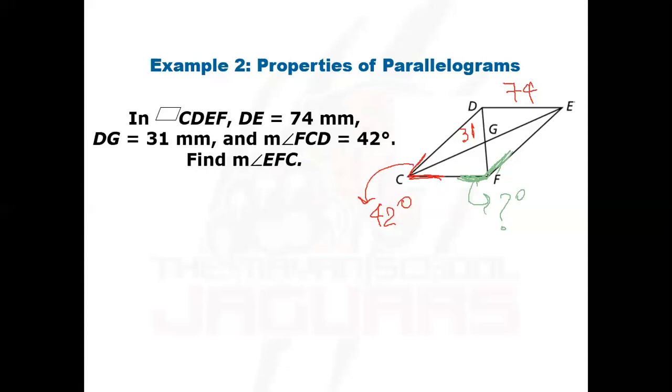And if they're consecutive angles, I know the following. I know that the measure of the angle FCD plus the measure of the angle EFC must equal 180 degrees. And in this case, the measure of the angle FCD is given, so I'm just going to replace it.